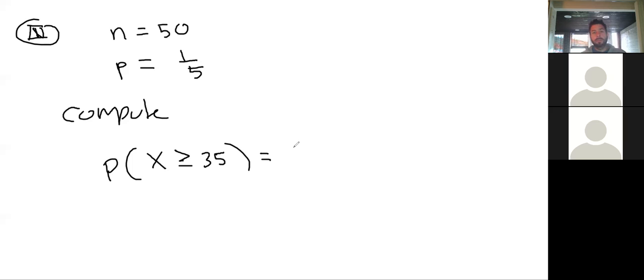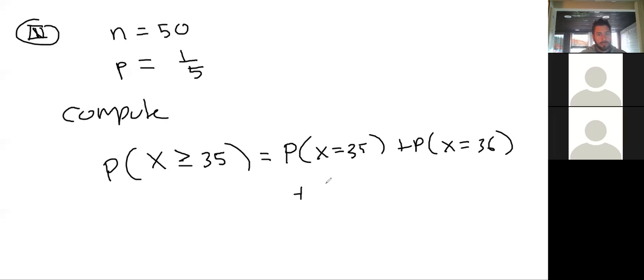Now, by the binomial distribution, this is really, really difficult because you have to compute the probability that x is equal to 35 plus the probability that x is equal to 36. And you have to do this all the way up to the probability that you get all 50 correct. Now, there's a quick way to do that, and there's a not quick way to do it.